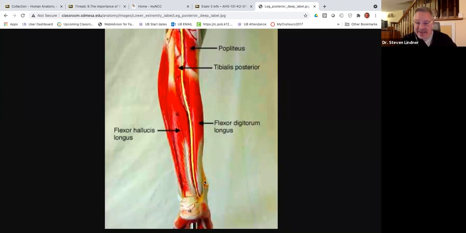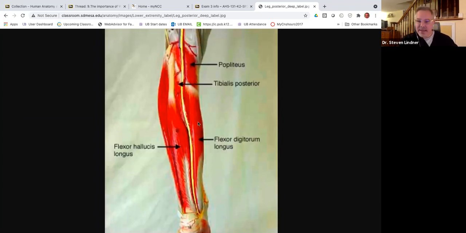In the order from anterior to posterior, it's Tom, tibialis posterior, Dick, flexor digitorum longus, an, tibial artery, tibial nerve, Harry, flexor hallucis longus. So it's Tom, Dick, and Harry.